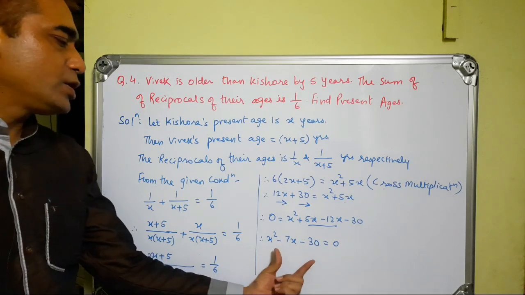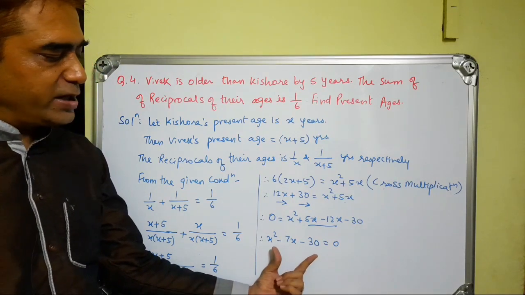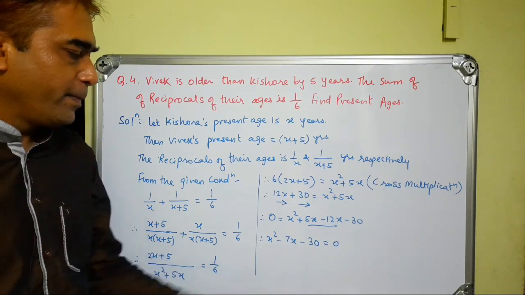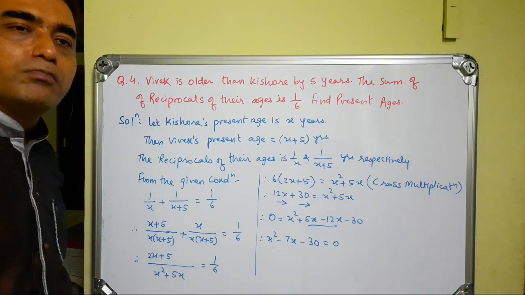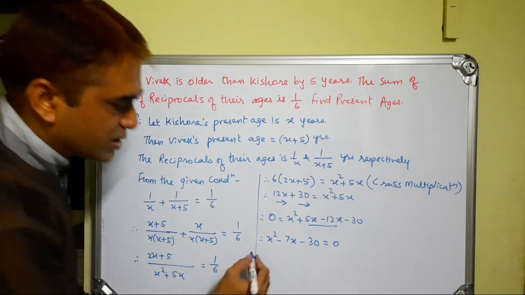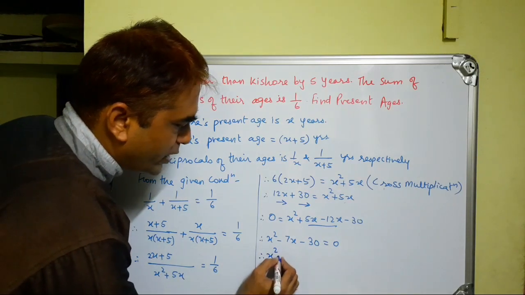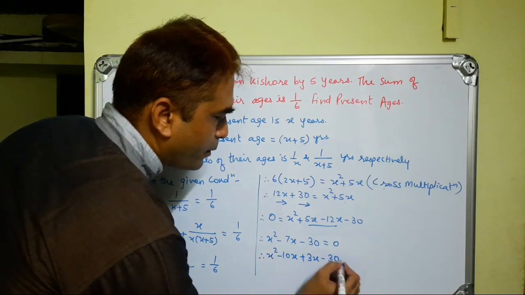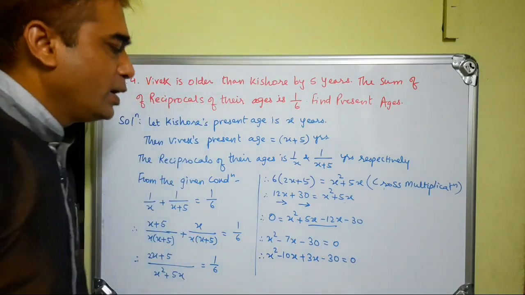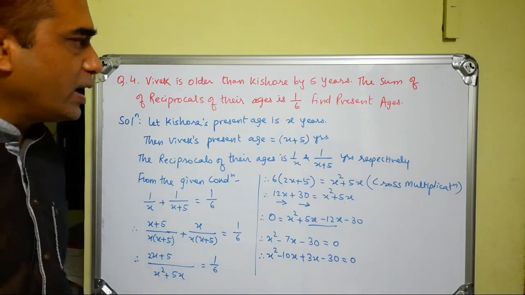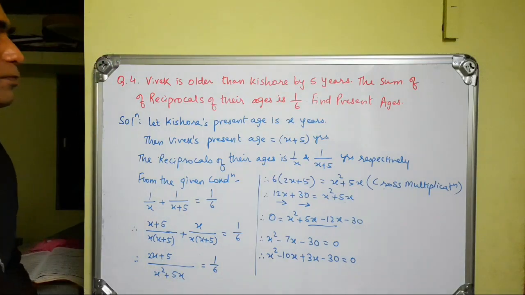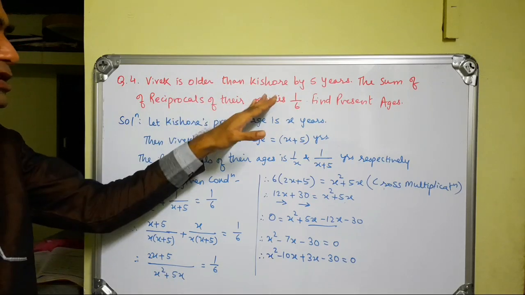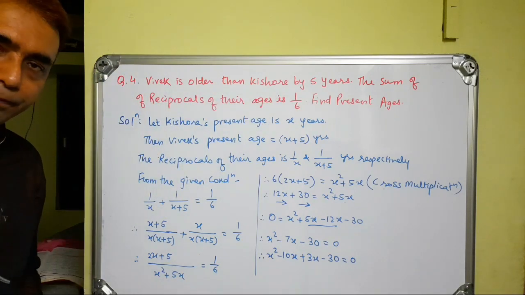Now we need two terms whose product is minus 30, and since the product is negative, the difference is minus 7. So the two numbers are minus 10x and plus 3x. x square minus 10x plus 3x minus 30 equals 0. After factorization, you will get the answer. The condition should be satisfied that there should be a difference of 5 years between Kishore and Vivek.